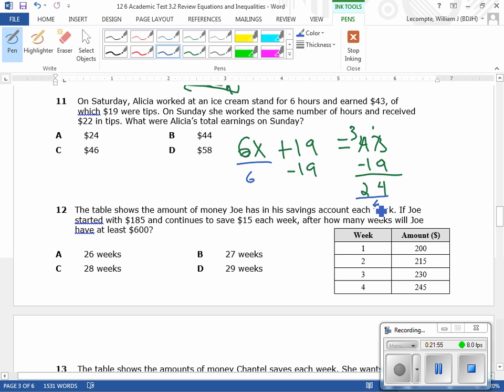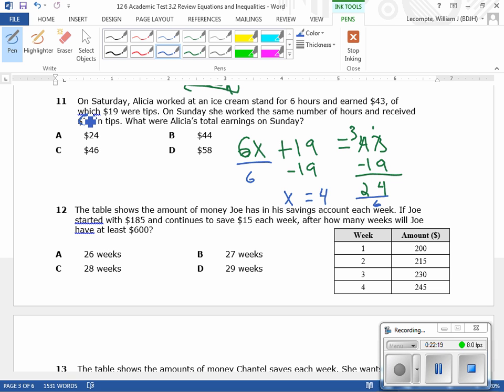Alright, now the reason why I'm solving that is because I have to set up another equation for the $22 in tips. So if x equals 4, and what were Alicia's total earnings on Sunday? She worked the same number of hours and received $22 in tips.